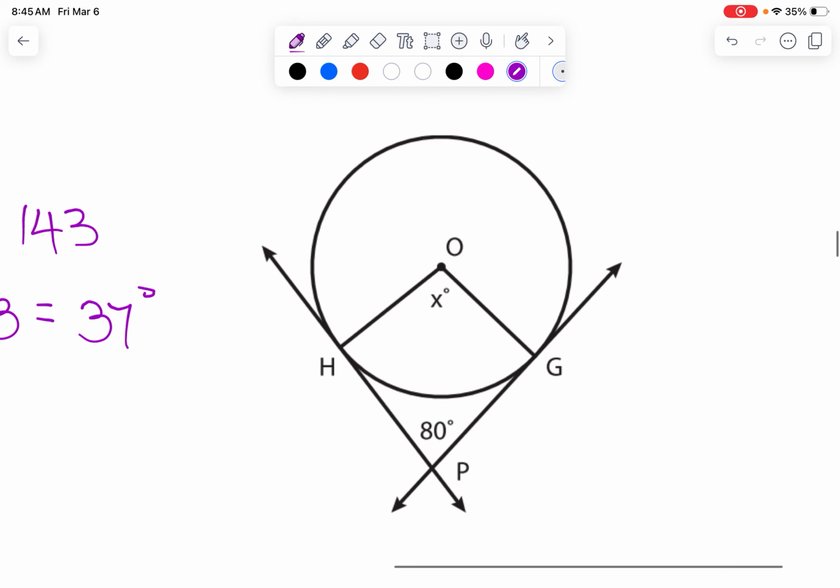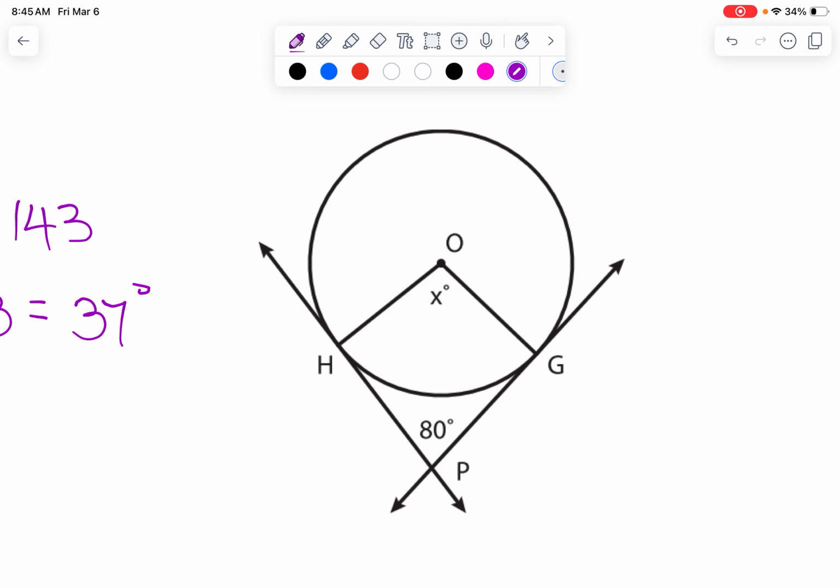All right, here, now you'll see these are, again, tangents, so this is 90 and this is 90. Now, this time I have a quadrilateral, and a quadrilateral, if you remember, adds up to not 180 like a triangle, it adds up to 360. So 90 plus 90 is 180, plus another 80 would be 260 degrees.